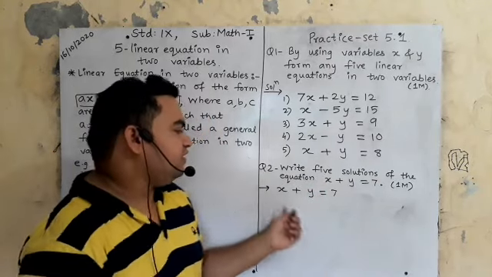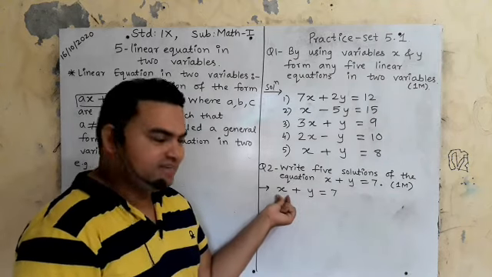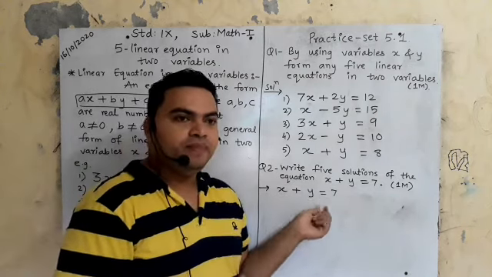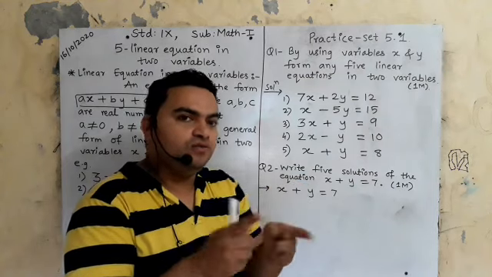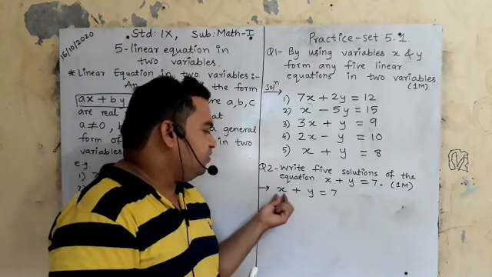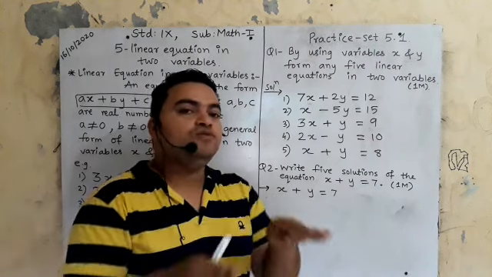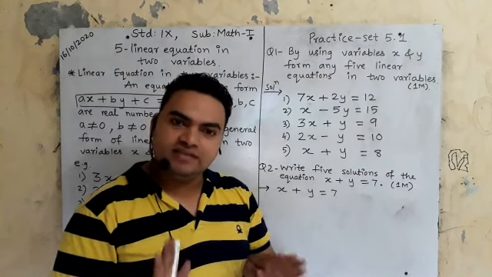What is the meaning of any 5 solutions? It means you will substitute any value of x and any value of y whose answer should be 7. Is it clear?